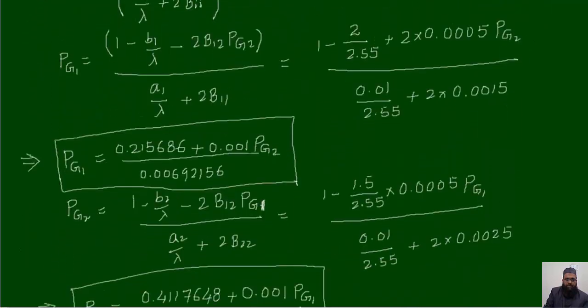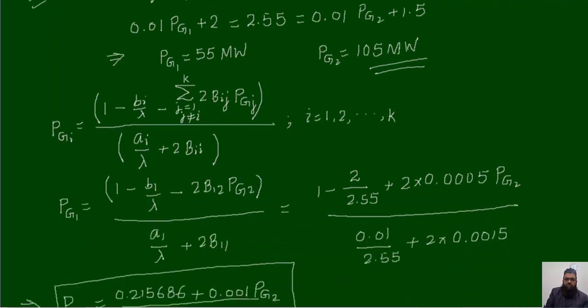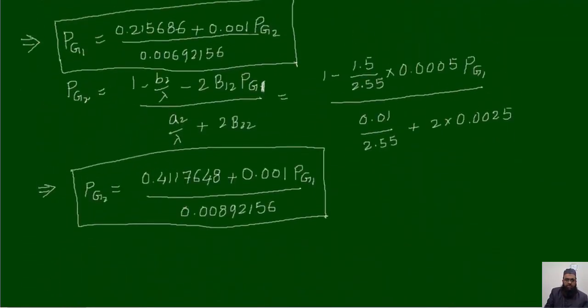So we have calculated the values of Pg2 as 105 megawatt and Pg1 55 megawatt. So you can start from any value of Pg2 or Pg1. So let us start with Pg2 is equal to 105 megawatt.